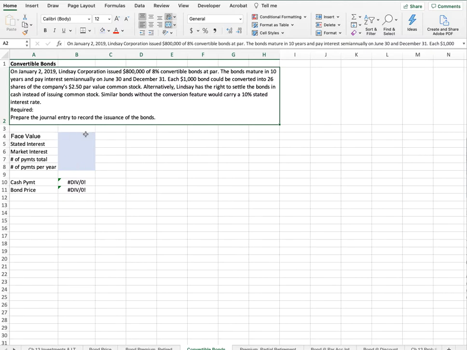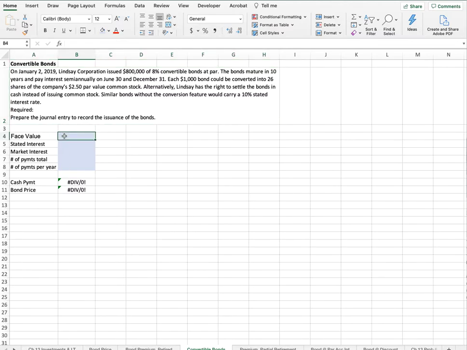So I just pulled over our fill in the blanks and our cash payment and bond price that we have done in previous videos. And so we can fill this information in. Face value, $800,000. Stated interest rate is 8%. Market looks like it is 10%.